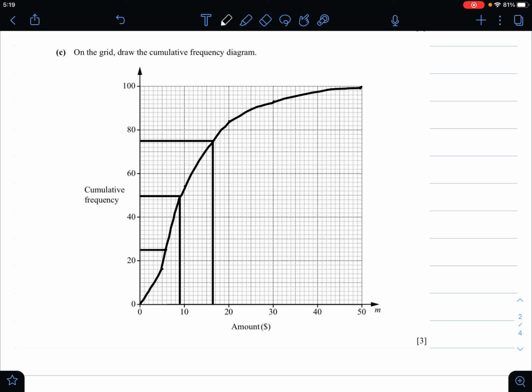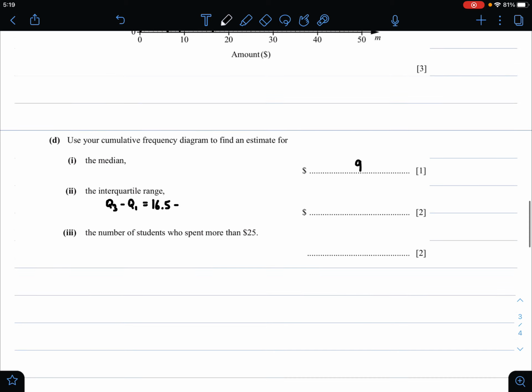This would come a bit more here. As you can see, the vertical line is touching the x-axis when x is 6. So it would be 16.5 minus 6, which is equal to 10.5.